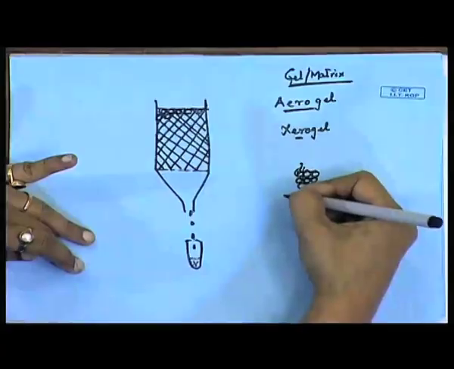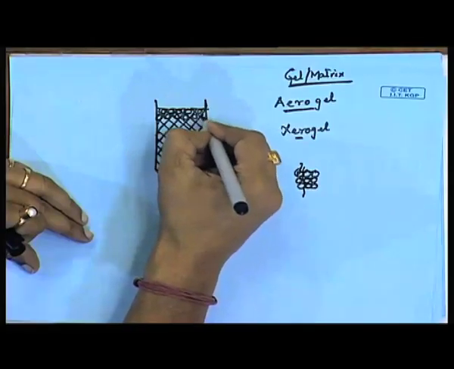So, based on this size, we can separate the macromolecules, and when the separation is of this type, we call it gel filtration chromatography. That means the technique is just like filtration.